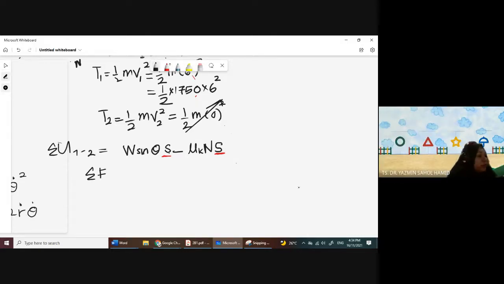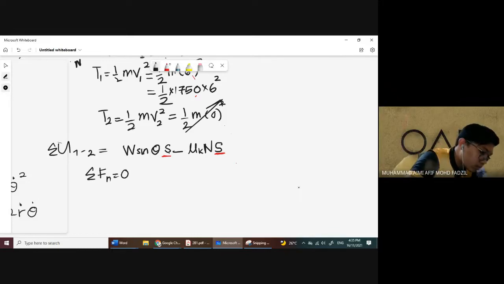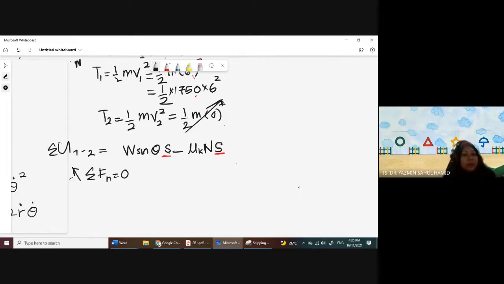So you can do the formula sum of Fn equals to 0, and the direction is positive. So you have N minus W cos theta equals to 0.